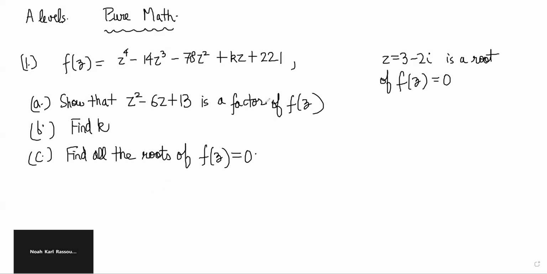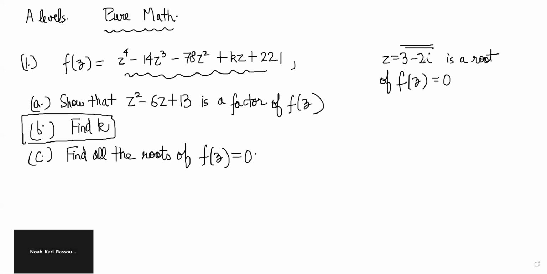So the easiest part here is which one? Easiest one will be this, because what do you have to do for that? We could substitute z equals 3 minus 2i.